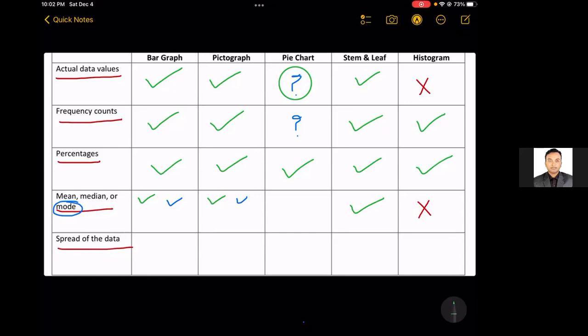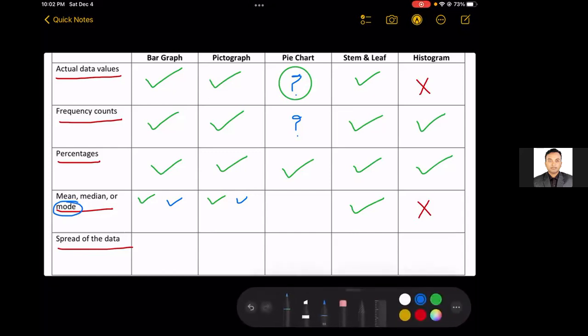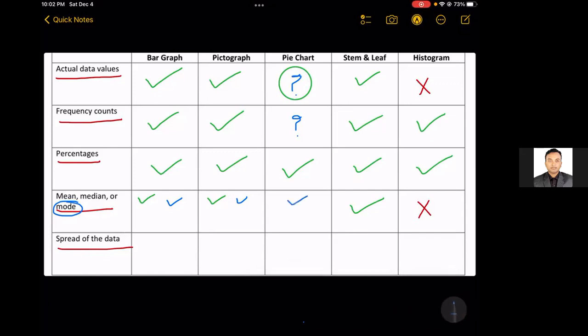But if it's categorical data or discrete data, since we see the percentage, we can definitely calculate the mode, because you can see which area is bigger, and that particular category would be the mode, right? So you can calculate the mode, especially if it's categorical, or even if it's discrete, you can still tell what could be the mode.